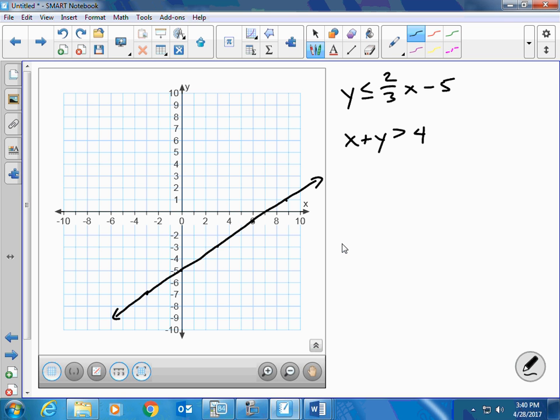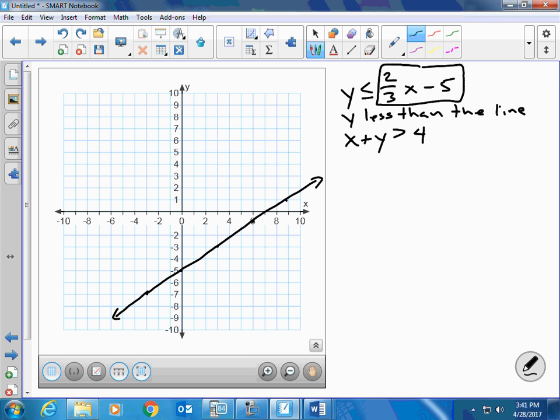Now, here's where different people have different ways of shading. Here's what I look at. If we recognize what this line represents, it represents every xy coordinate that makes that equation true. So if this says y is less than the line, because the line represents what values for x will make this equal to y.